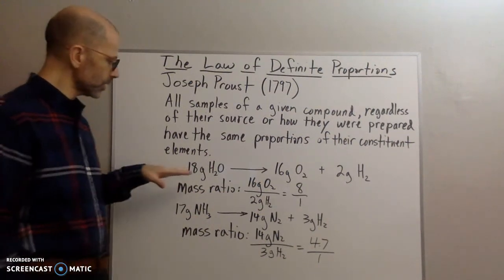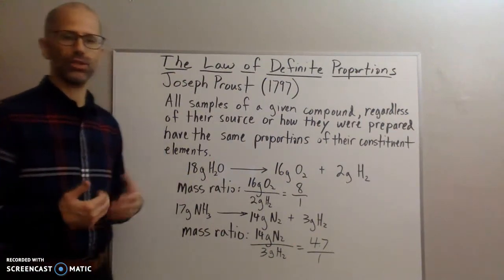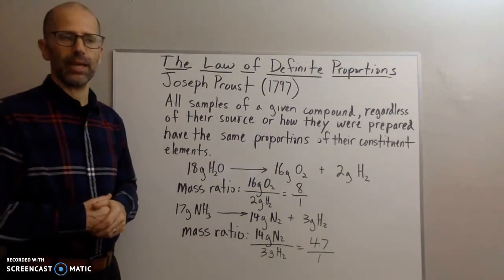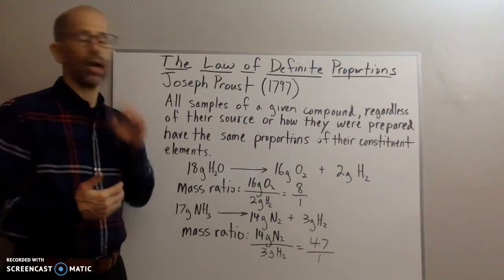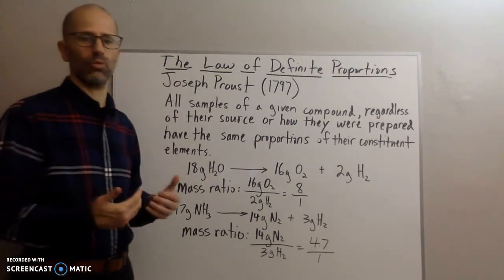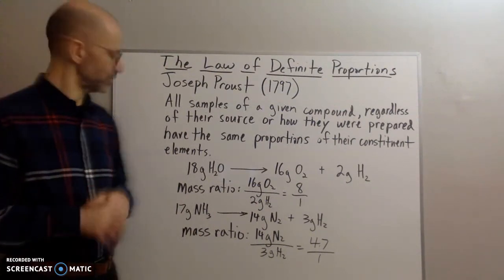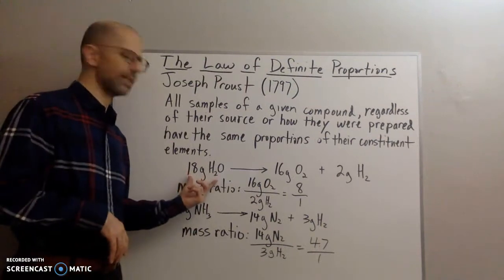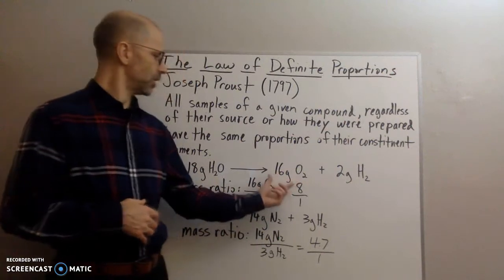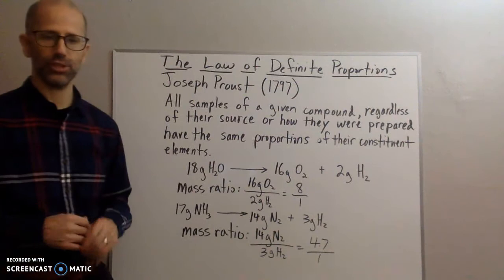So here's a couple of examples. If I have 18 grams of water, I can break that down into oxygen and hydrogen using a process called electrolysis. I can run electricity through water, and I can get hydrogen and oxygen gas. If I do that with 18 grams of water, I'll get 16 grams of oxygen and 2 grams of hydrogen gas.